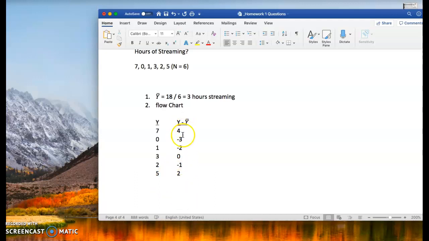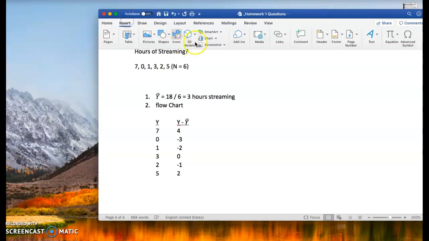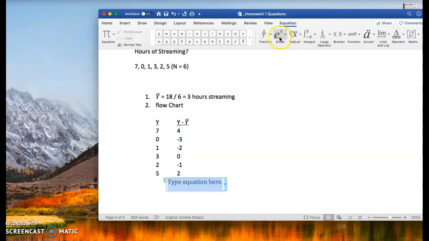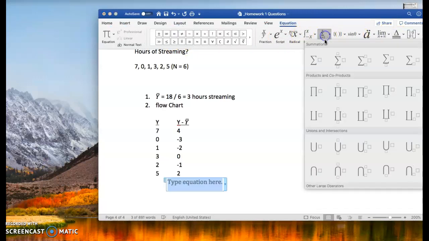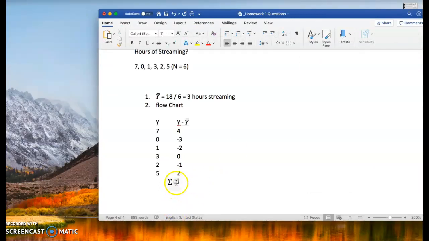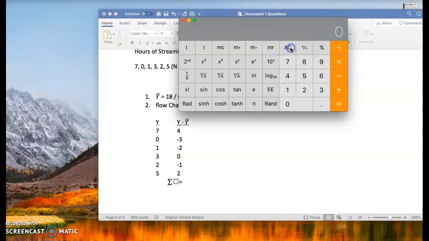So we have a list of our deviations, and if we were to try to sigma them up, meaning sum them up, something really interesting would happen. So let's see what would happen. You can go ahead and try to sum these up on your own as well. So sigma, that's the symbol for sigma.